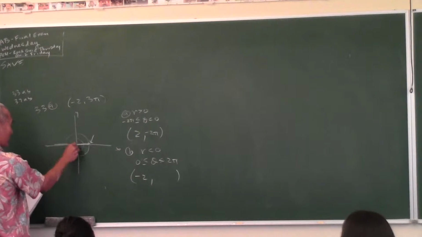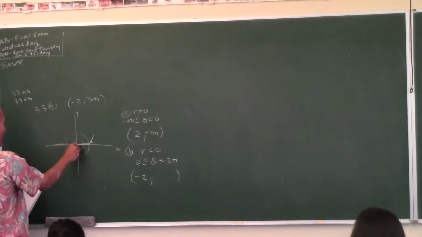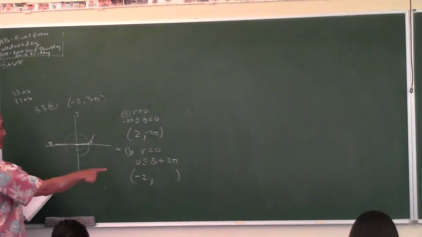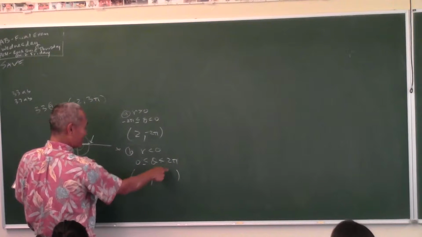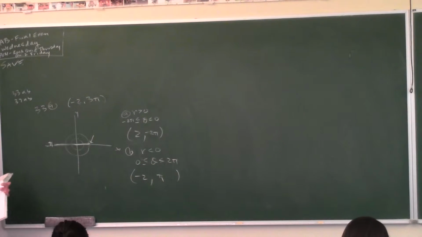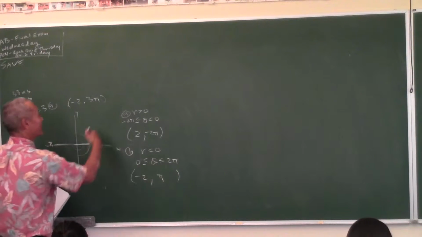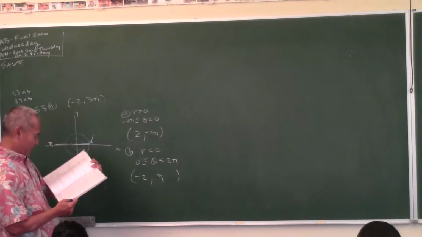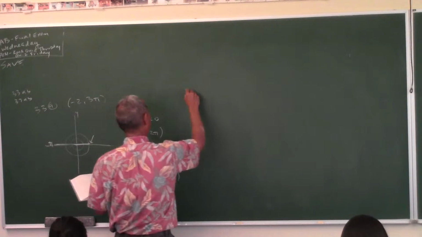Don't you want the angle to be here? So what angle is this over there? Isn't that pi? Does that fit the conditions? Is pi between 0 and 2 pi? Yeah. So that's what they want. They just want you to label it in a different way, but they're giving you the directions on how to do it. And then 37AB, I'm sure is the same thing. Yeah.